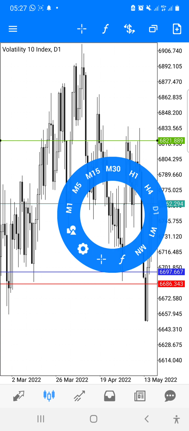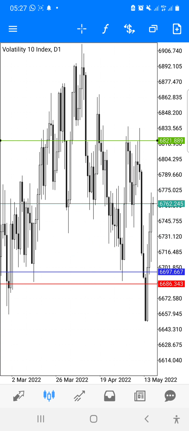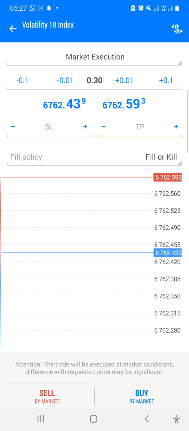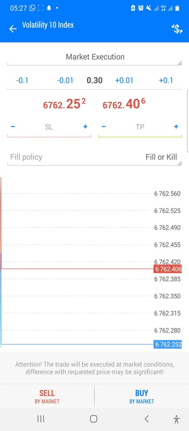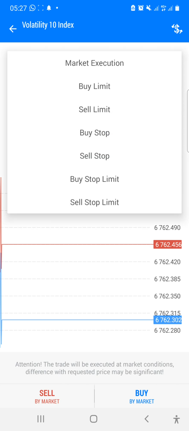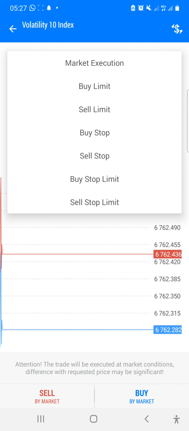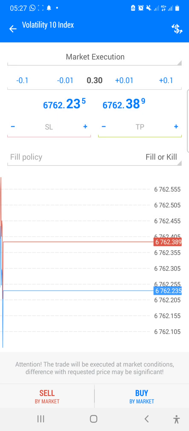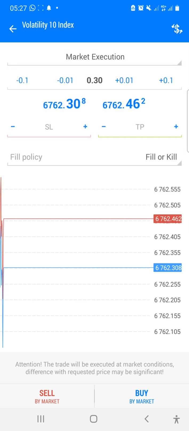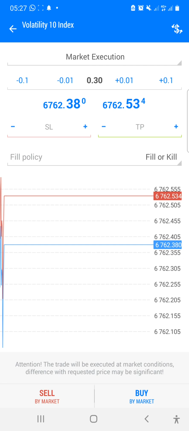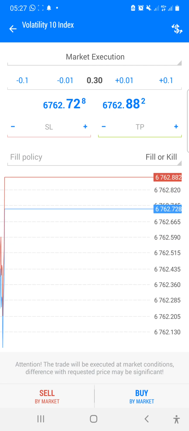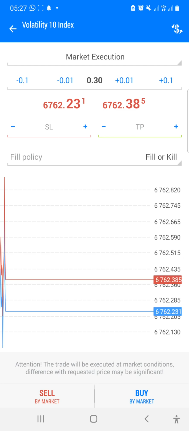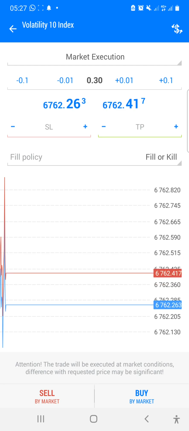So we just go to place a trade. You go here. The orders are the same, it doesn't change. The market execution, buy limit, sell limit, buy, it is applicable in the same way. The only thing that changes is that in the volatility indices market, the least lot size you can use differs from the forex market.